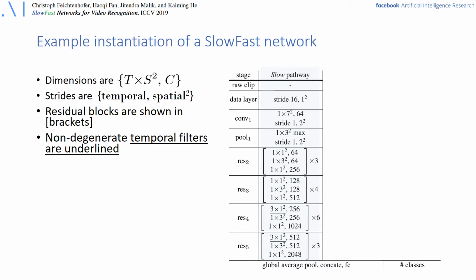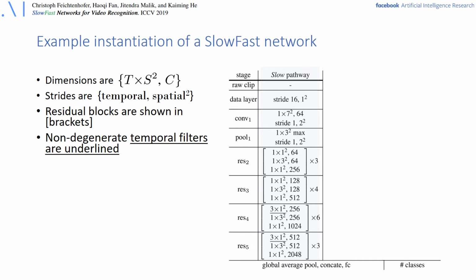The dimensions of the kernels are denoted by T times S squared and C, where T is the temporal resolution, S is the spatial resolution squared, because usually we have two spatial dimensions, and C is the number of channels. The strides are shown as temporal and spatial strides squared, and the residual blocks are shown in brackets, and the ones that generate temporal convolutions are shown as underlined filters.